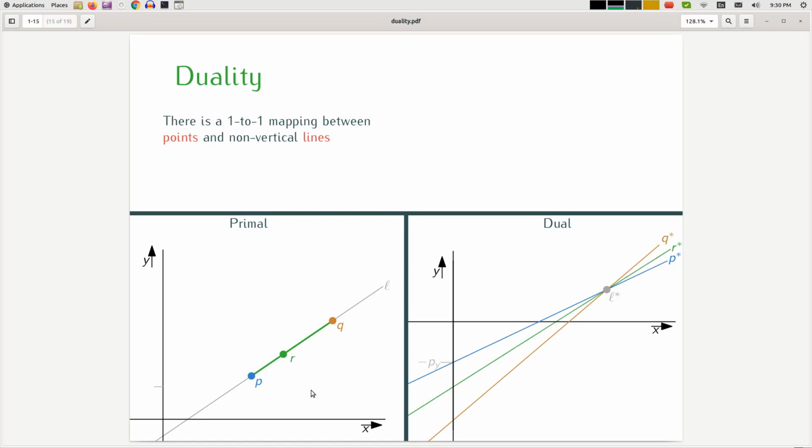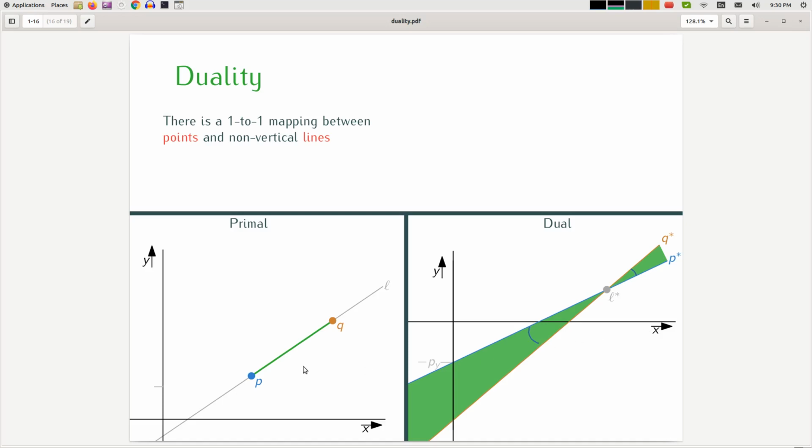So now imagine I take all the infinite points between P and Q and I dualize all of them. I will get a set of infinite lines that pass through L star, and the slopes cover all the slopes between Q star and P star. So I will get this shape here, this pencil of lines.